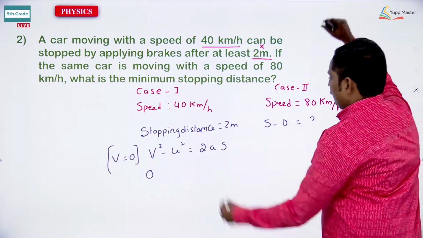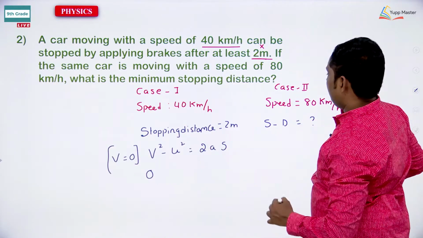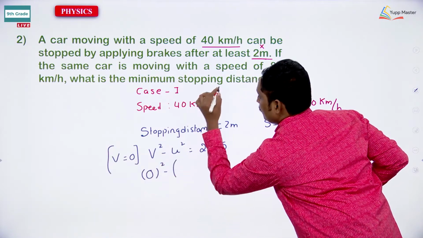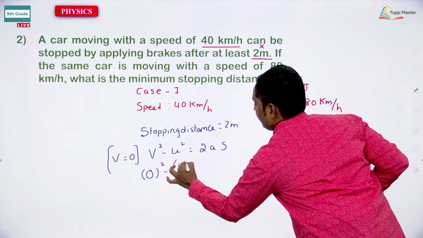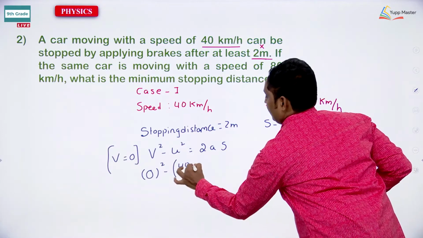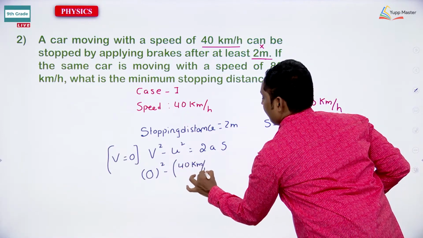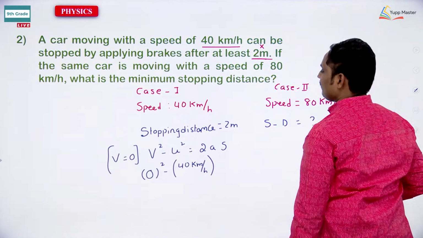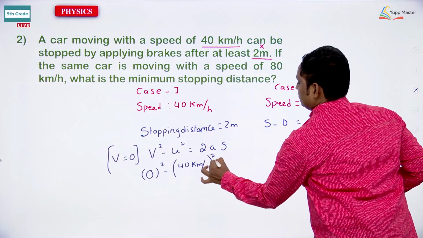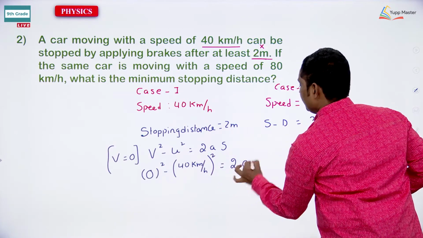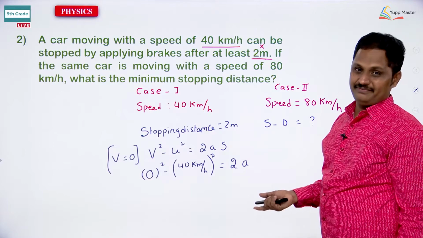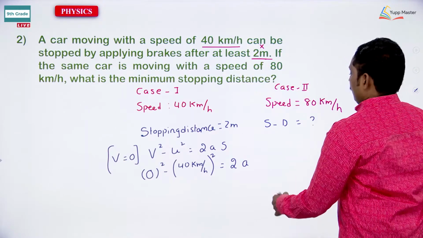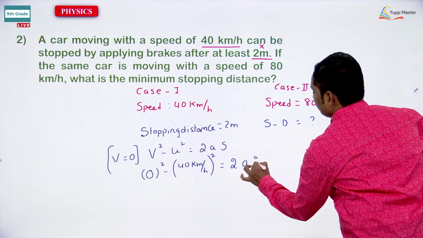Now 0 square minus, what about u, 40 kilometer per hour, is equal to 2 into a. We do not know that a, we have to find it out, because there exists acceleration. What is the distance? Yes, that is 2 meter.